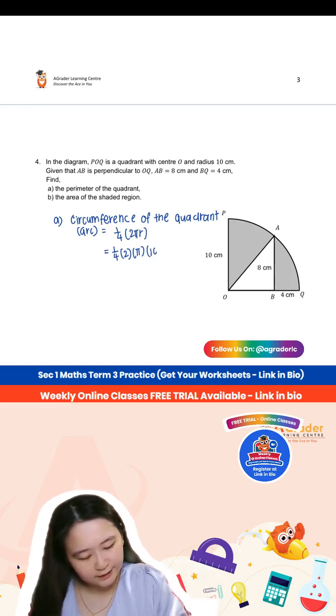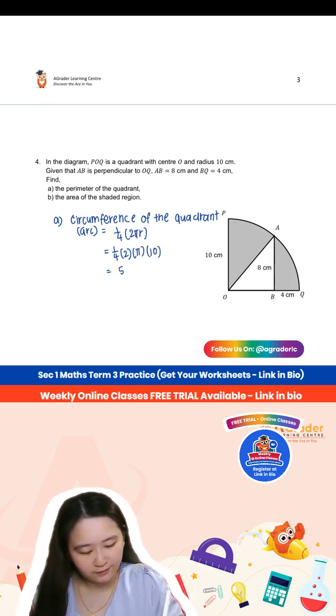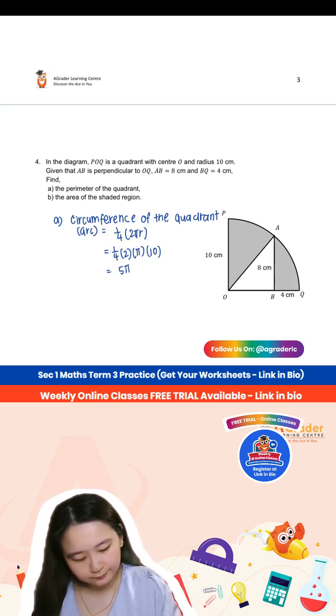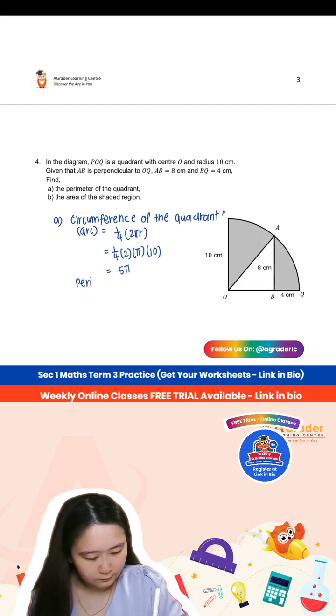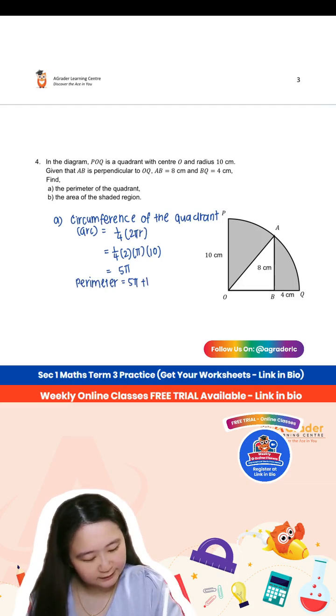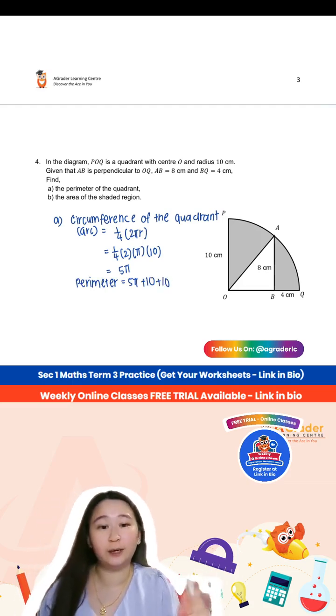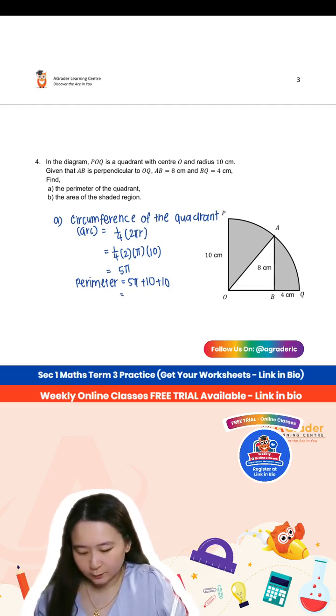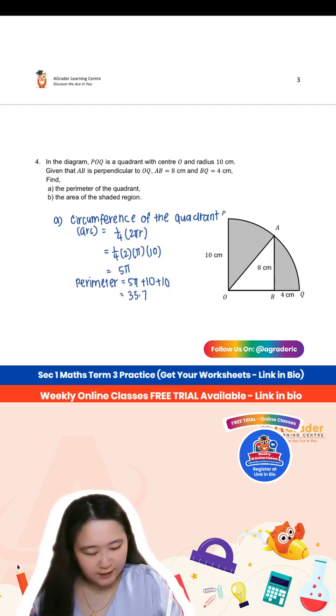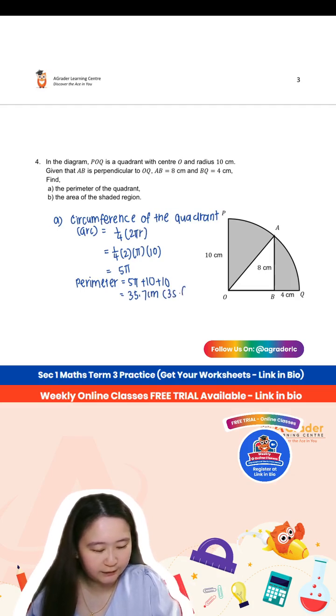And the radius is 10, so we have 5 pi here. Therefore, the perimeter will be 5 pi plus 10 plus 10. Don't forget to add the 2 radii, which will give us 35.7 cm, rounded off to 36 cm.